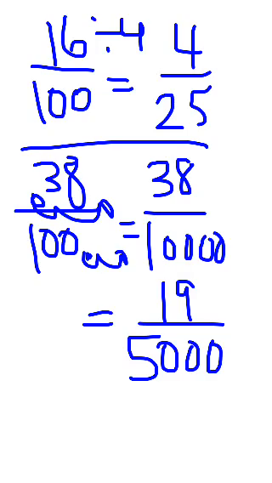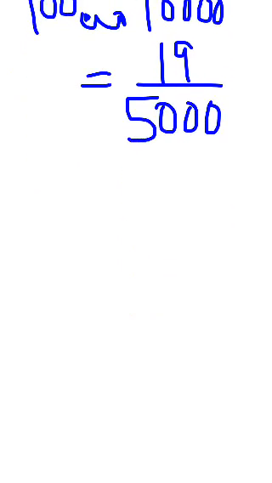Number 7 and 8, change each fraction to a percent, and for number 8, round your answer to the nearest whole percent. For both problems, divide. So let's look at number 7 first.